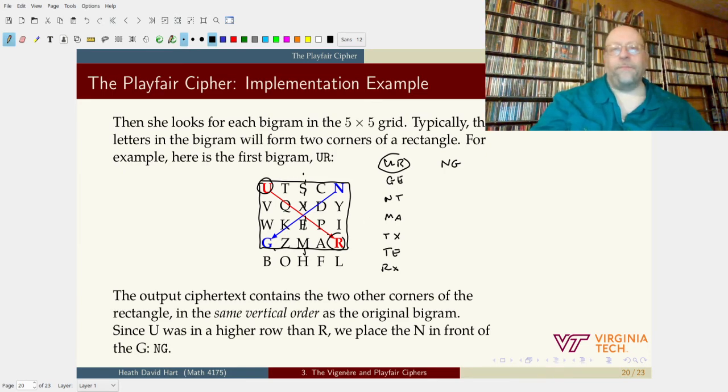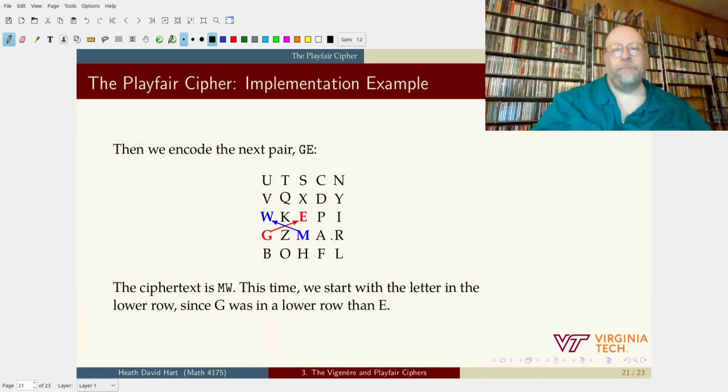Let's try the next one. The next pair was GE, and GE are down here. They form this rectangle. I'm going to reverse that arrow. Since G is down on the bottom row, I'm going to put the M first and the W second. So UR became NG, and then GE became MW.